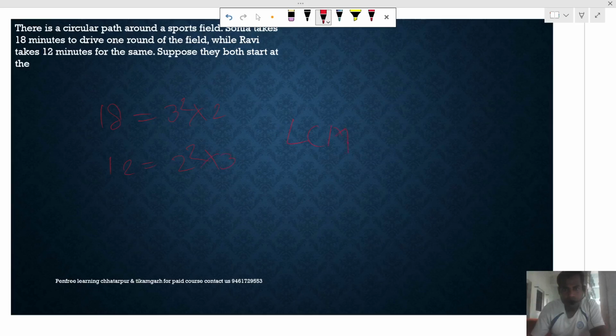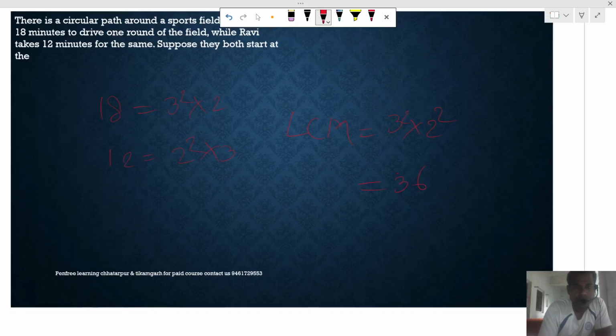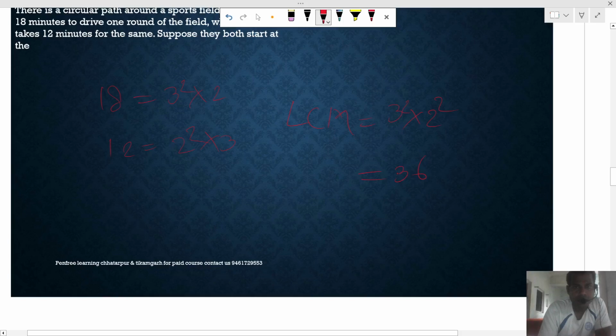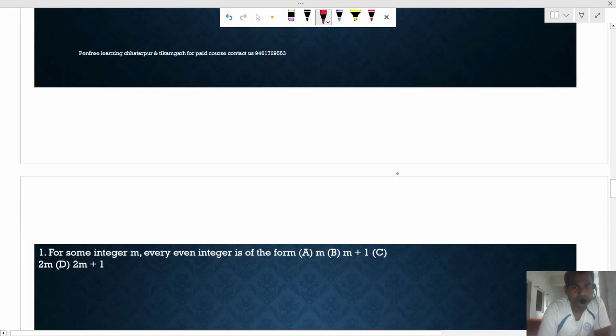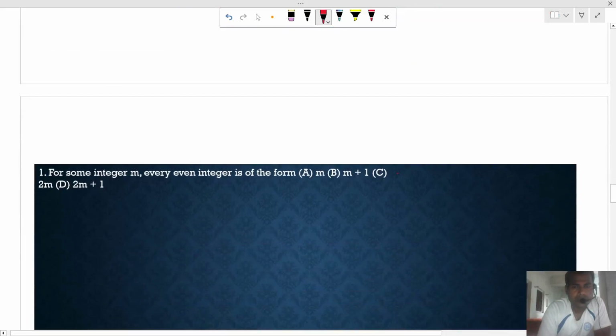LCM is equal to 3 to the power 2 into 2 to the power 2, that will be 36. They will meet again in 36 minutes, because this is the maximum time, and in this maximum time they meet again.